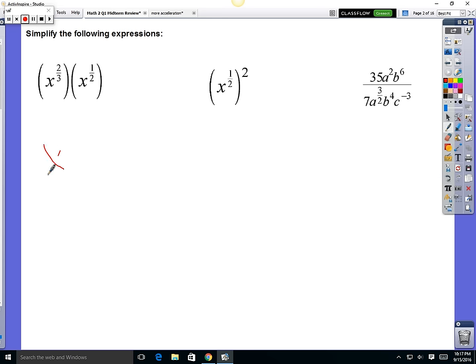So we're gonna go x to the 2/3 add 1/2. It's kind of a pain to add fractions. No one ever really likes doing that. Timesing's pretty easy, but adding's no good. So let's add them. Now this is 2/3.